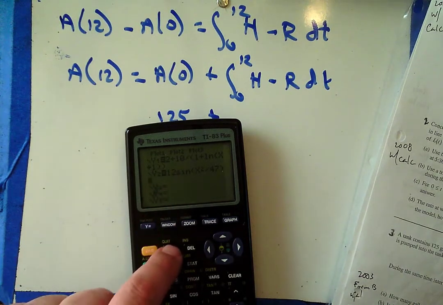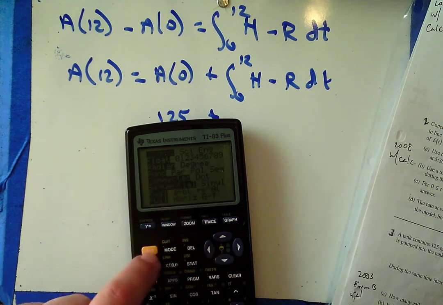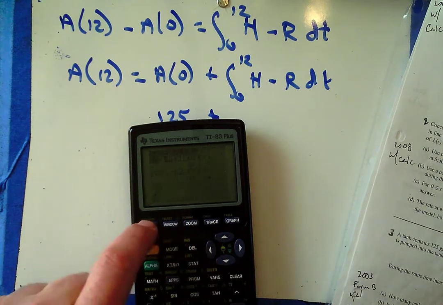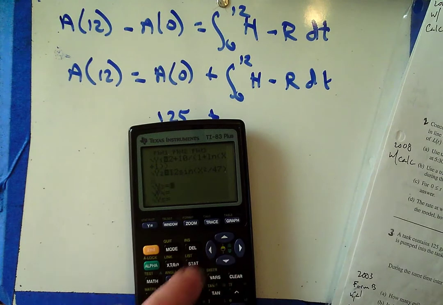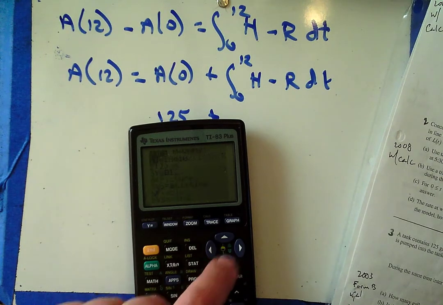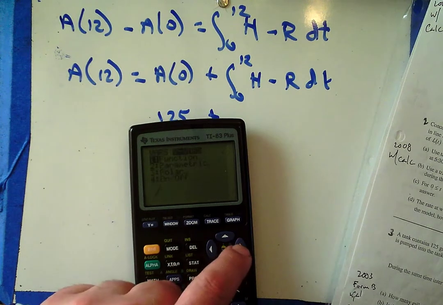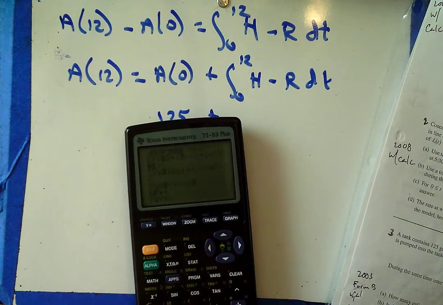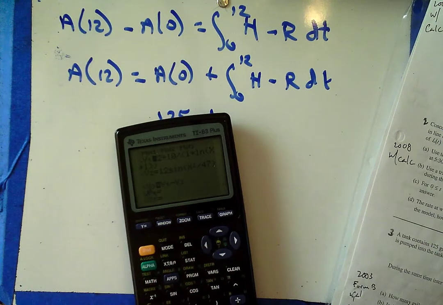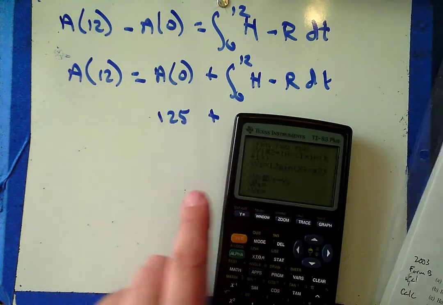Because I have a trig thing here, I'm going to check my mode is in radians. Good. Back to y equals, and then here I want y1 minus y2. I'm going to turn these other functions off, and I'm just going to be considering this one for now.